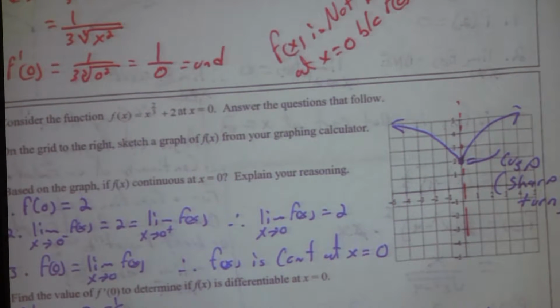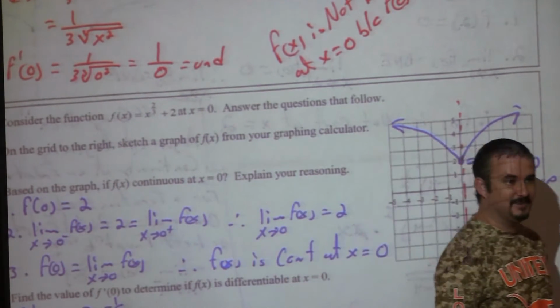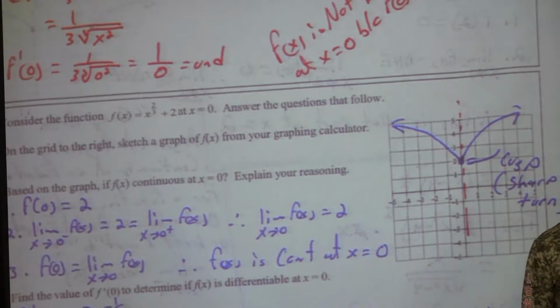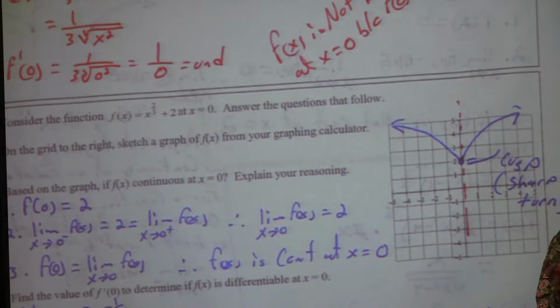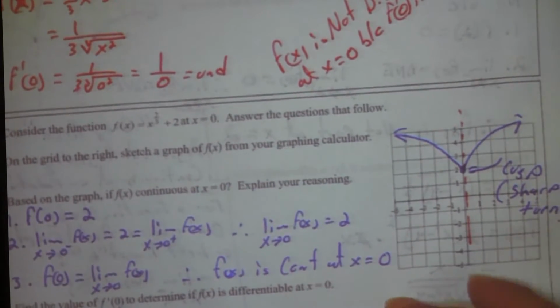No, it's at the endpoint. It has to be continuous to be differentiable? No, we just said that. We didn't say that. We said the opposite. We said that if it's continuous, it doesn't mean that it's differentiable. But we didn't say that for it to be differentiable, it had to be continuous or it didn't have to be. But my notes do? Ah, you cheater, you looked on the other side.